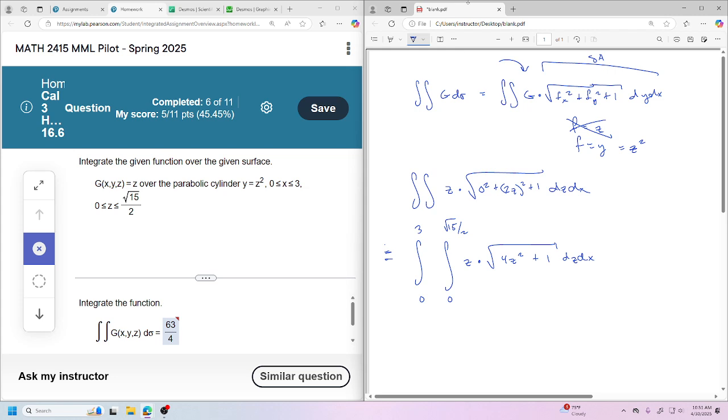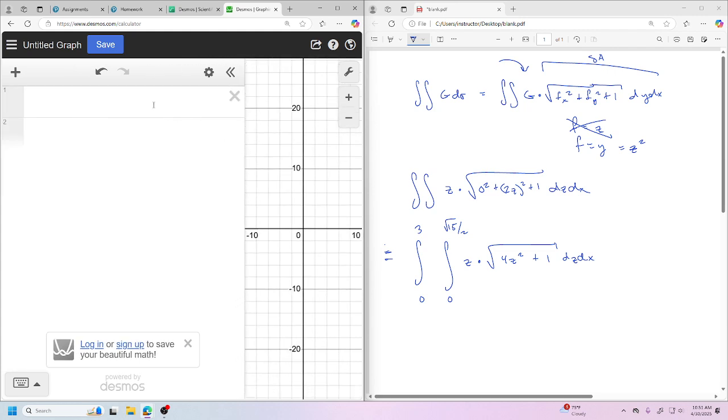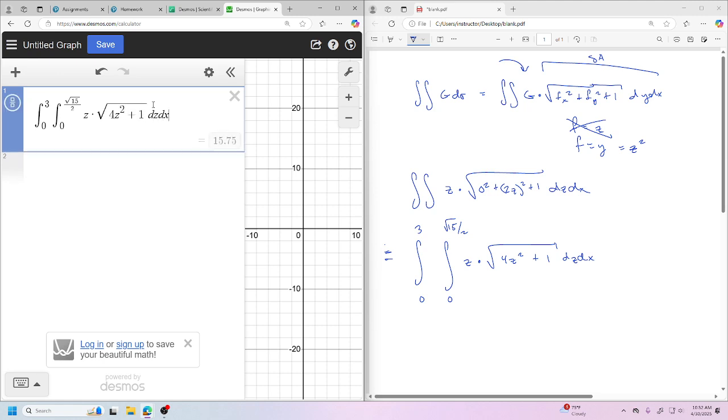Shrug is a good answer because Desmos. It's allowed on the final. That's correct. So we better use it. Z squared plus the 1 dz dx.